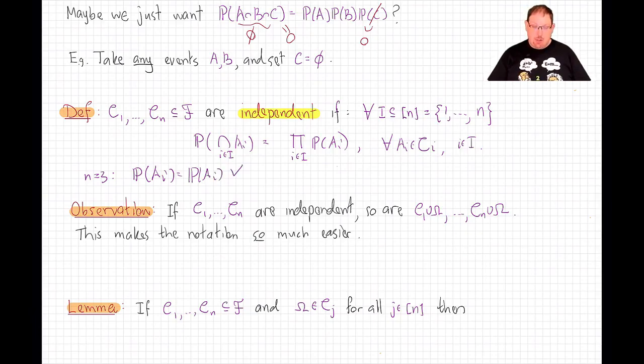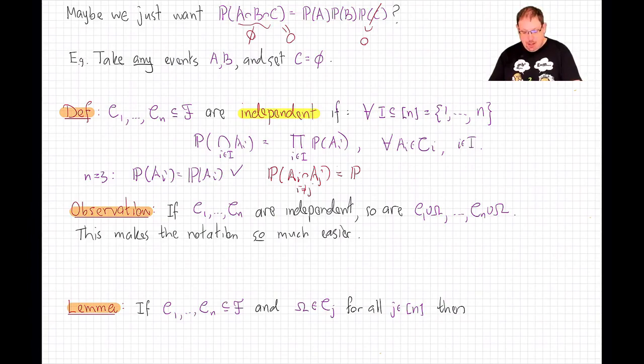How about the 2-element sets? Those are the probability of Ai intersect Aj, where i is not equal to j. And the statement is that those all have to be the probability of Ai times the probability of Aj in those cases. In other words, the 2-element sets give us pairwise independence.